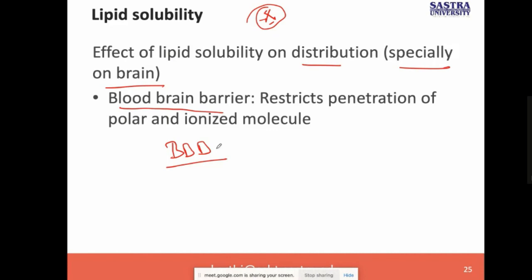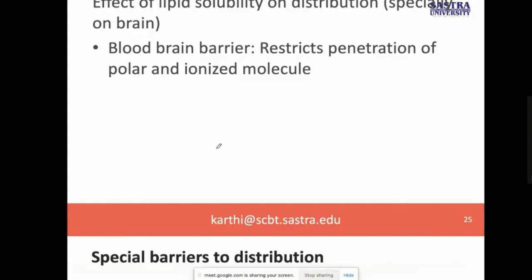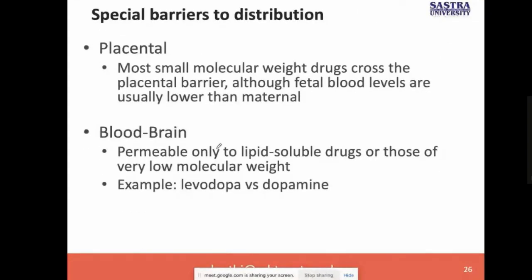It will not allow any molecule to easily enter the brain unless the molecule has a very good amount of lipid solubility. So that is the importance of lipid solubility for distribution of the drug molecule to the brain. This is a very important question related to examinations, competitive examinations, anything. Later we'll see what the exact value should be for a drug molecule to cross the blood brain barrier.